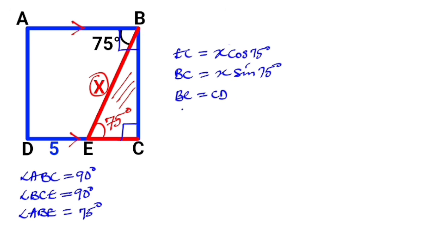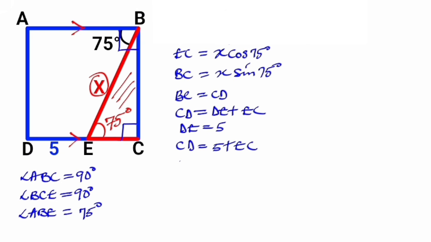From the figure, CD is equal to DE plus EC, where DE is equal to 5. CD is equal to 5 plus EC.